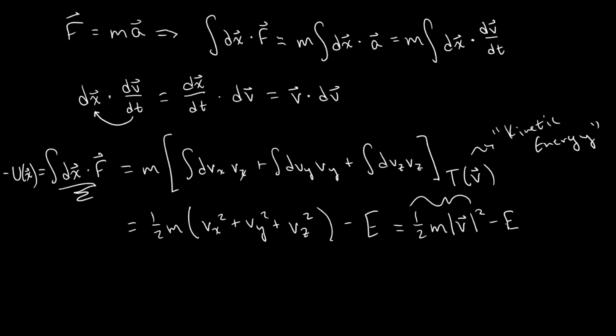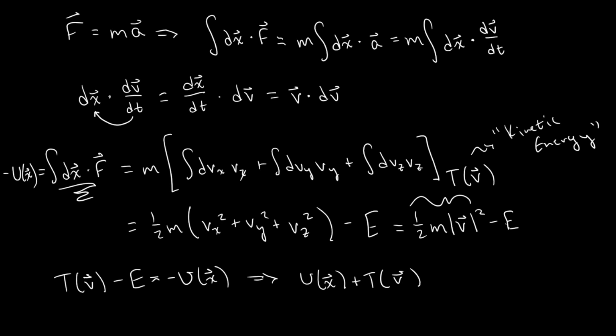So rewriting this a bit, I have that T minus E is equal to minus U of x, which I can then rearrange, and I get U plus T equals E, which of course is just our equation for the total energy, where the right-hand side is a constant, which tells us that the left-hand side must also be a constant.